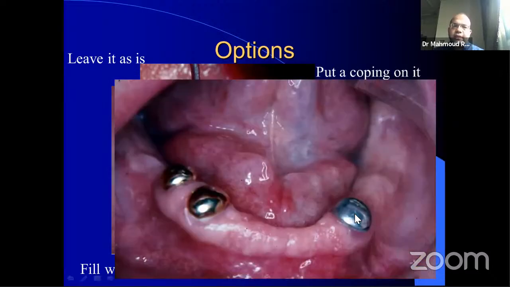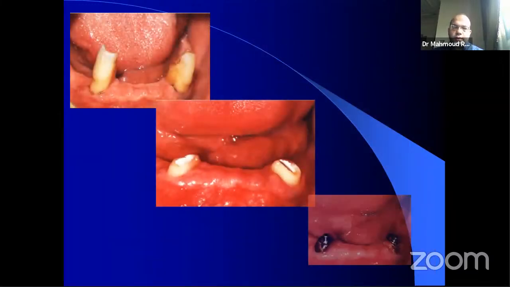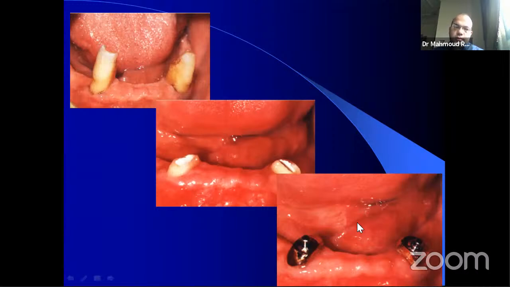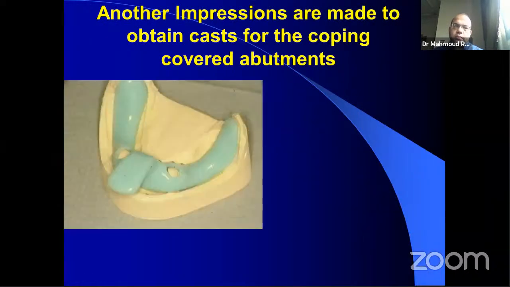Put a coping on it like this with a short dowel, or make an attachment. So when we take an impression to make the attachment, we need to make another impression to obtain the cast and obtain the denture.